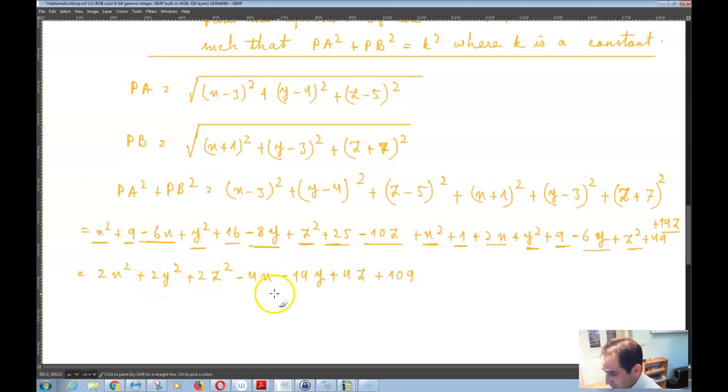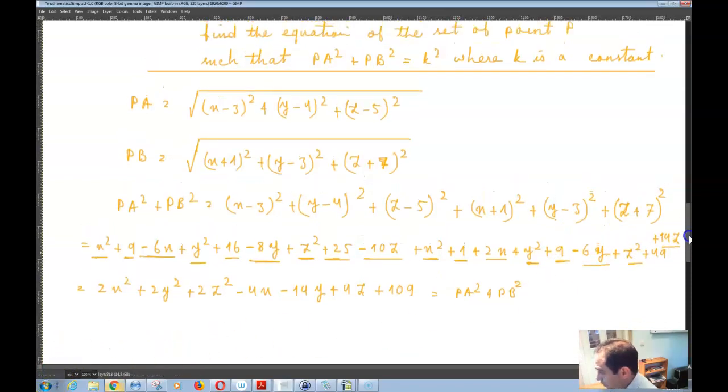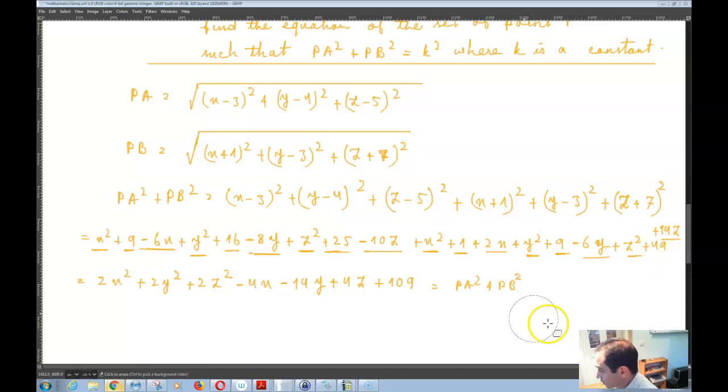I don't know. The only way to write this equation is probably divide by 2 here. Let me take a look at the solution here. Okay, so it's pretty simple. So basically we said that, let me erase this part.